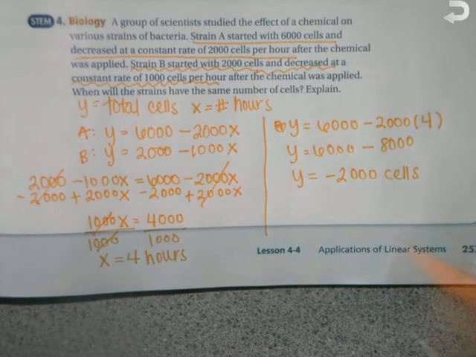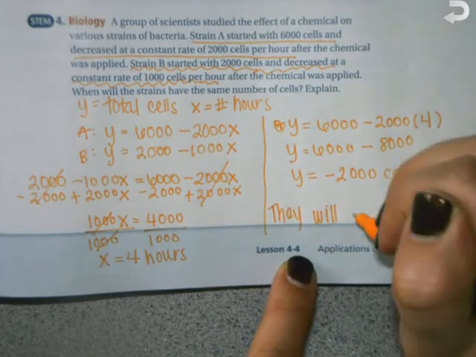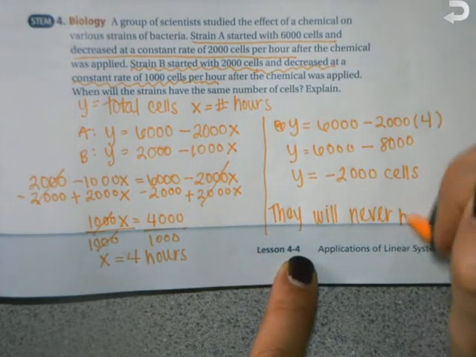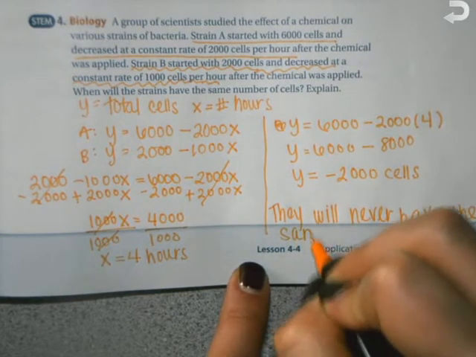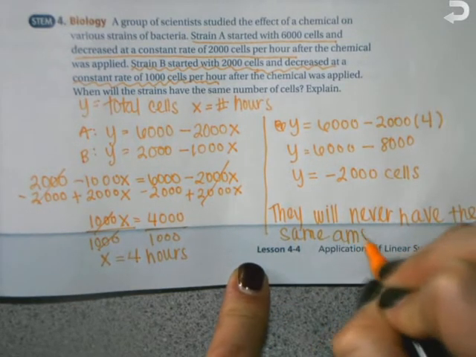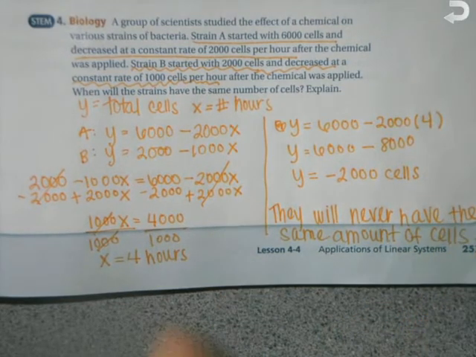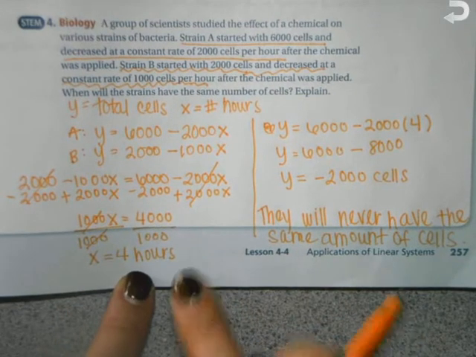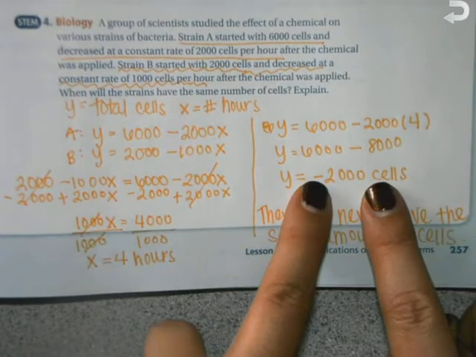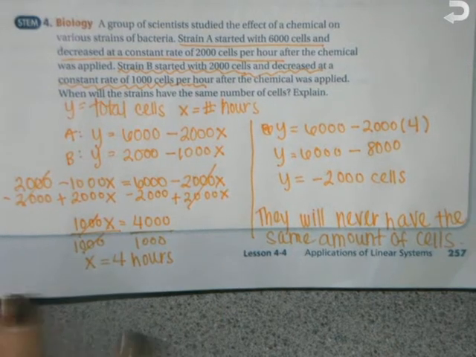So we could say they will never have the same number of cells, until they all reach 0. But according to our equation, they'll only catch up with each other after 4 hours, and after 4 hours, we've already run out of cells. So they will never catch up.